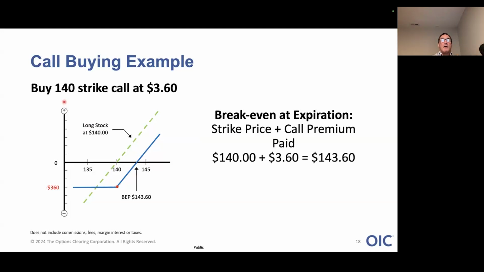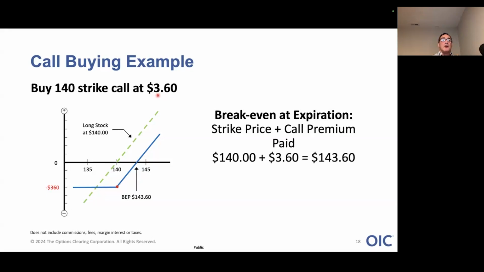Now, for the call, I could look out on my options chain and, in this example, buy the 140 strike call for $3.60. When you see a price in the options market, just understand that the price you are seeing is the price for each individual share for that contract. Every standard contract is the right to buy or sell 100 shares, so you have to multiply those prices by 100 to get the true value.